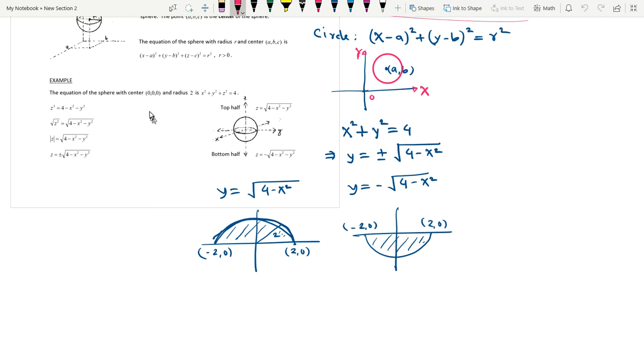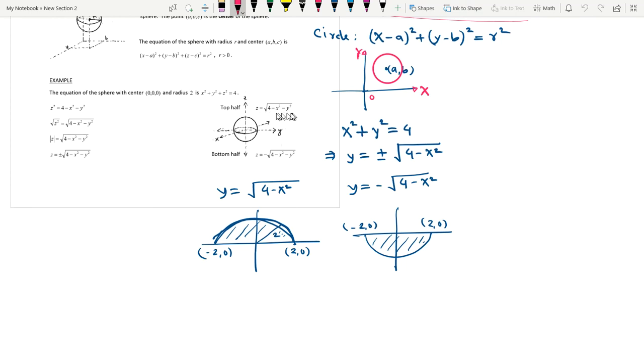Now, in our example, this is the equation of a sphere with center at (0, 0, 0) and radius 2. So this one we can rewrite as z equals plus minus square root of 4 minus x square minus y square. Now, if you consider the plus sign, then you will get this equation, and if you consider the minus sign, you will get this equation.